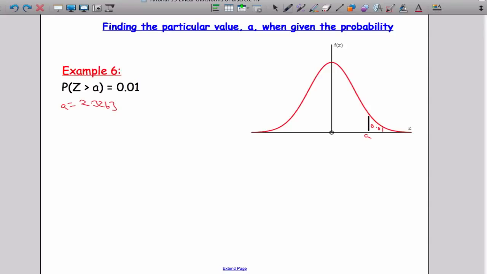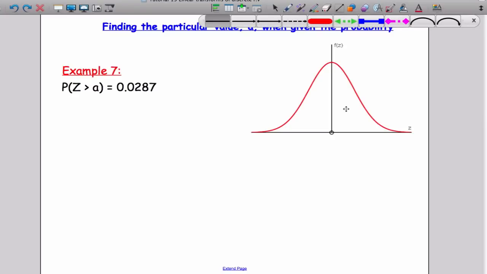Okay, let's move on and have a look at the next example. I want the probability when Z greater than A is equal to 0.0287. Sorry, I'm not looking for the probability, I'm looking for the particular value of A that gives me a probability of 0.0287. So, about 2% probability.